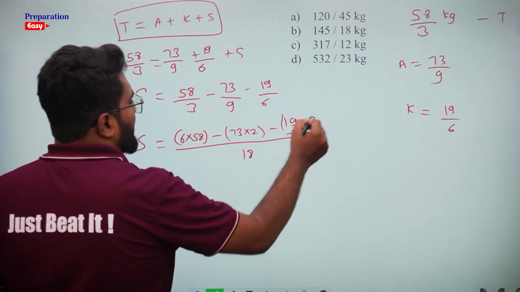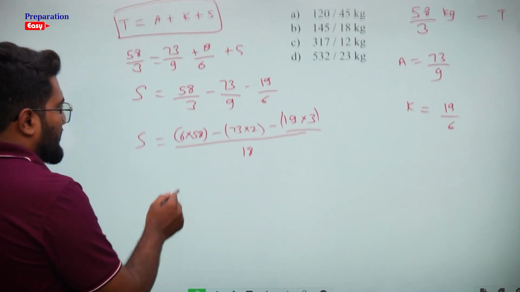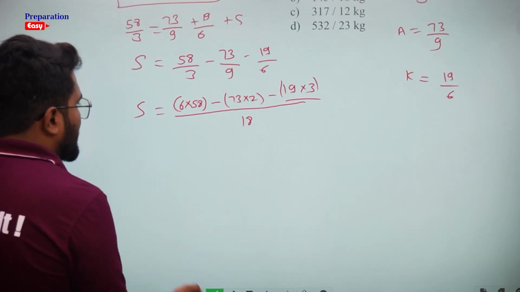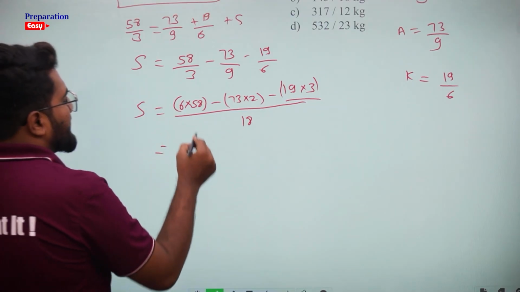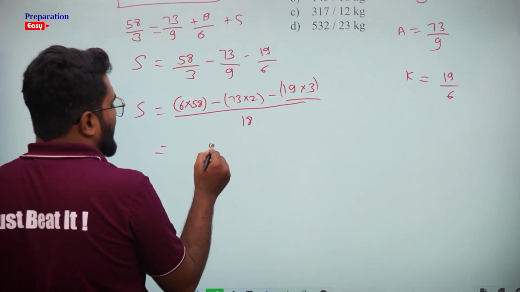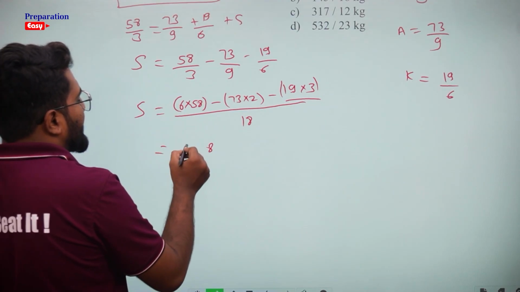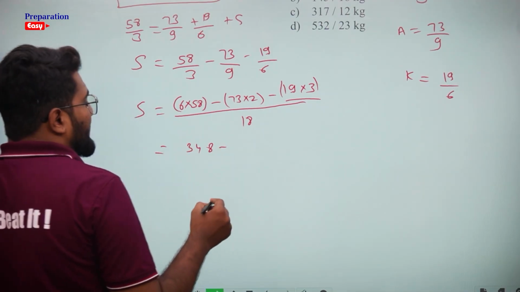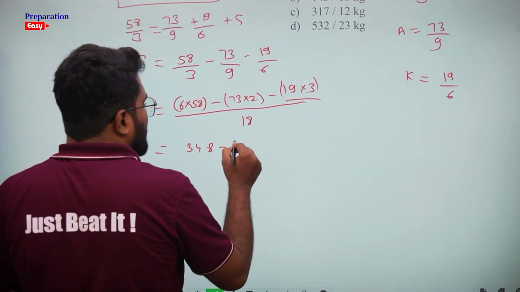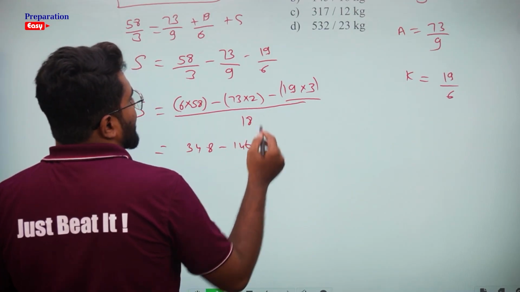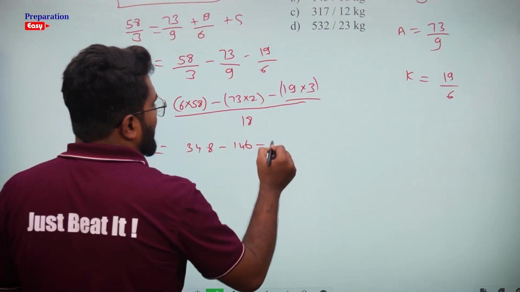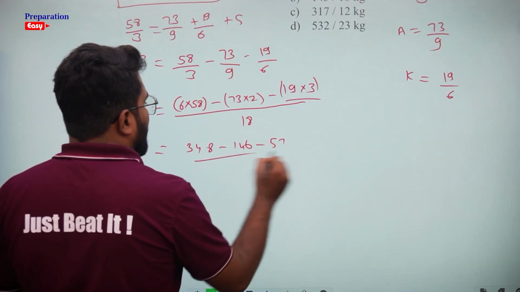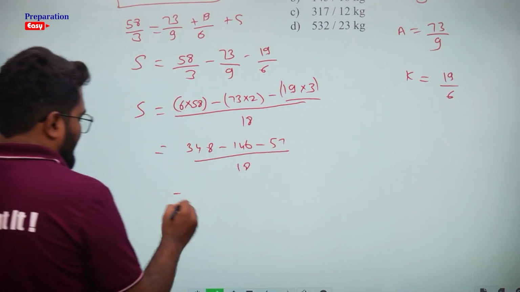So we will calculate it. 6 into 58: 6 eights are 48, 8 carry 4, 6 fives are 30, 34. 34 minus 73 into 2, that is 146, and minus 19 into 3, which will become 57, divided by 18.